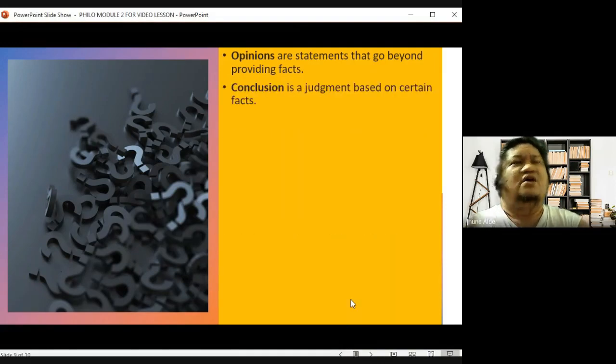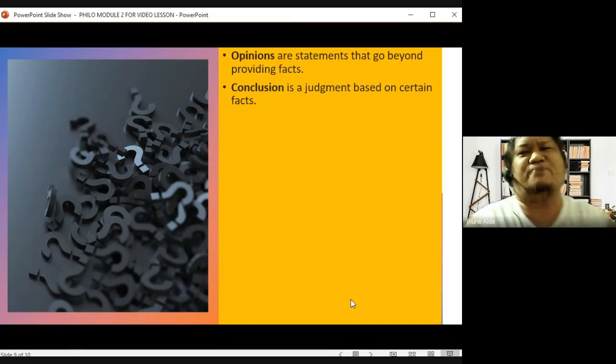Another one. By the way, I am giving you now some concepts related to our topic in determining the truth, the facts, and opinion. Number two, say conclusion, this is a judgment based on certain facts. Siguro kaya nga in our experiment, in our science class, after doing the experiment, you need to provide a conclusion.